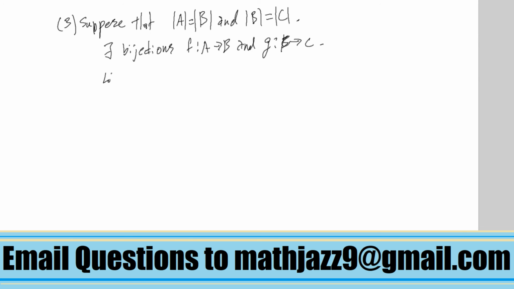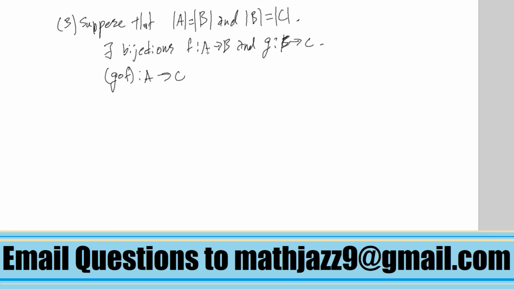We don't even need another name. We're not going to name this. We're just going to go g composed with f, which goes from A to C. You take f and plug it into g.